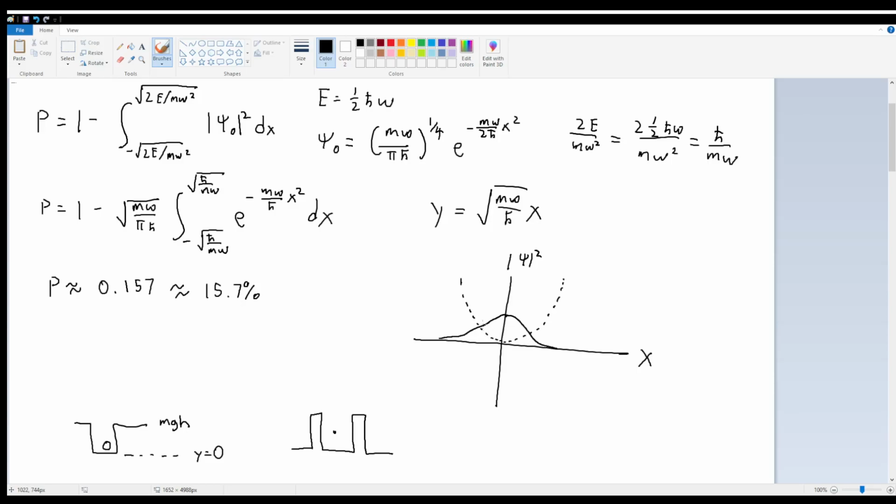So this right here is the actual probability of finding our particle in the classically allowed region. And this over here is the probability of finding our particle in the forbidden region, the classically forbidden region. So in quantum mechanics, apparently, it's possible for our particle to be found outside of the classically expected region. And once again, this is because everything is based on probability.